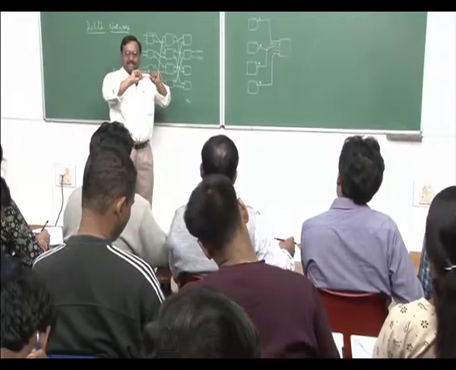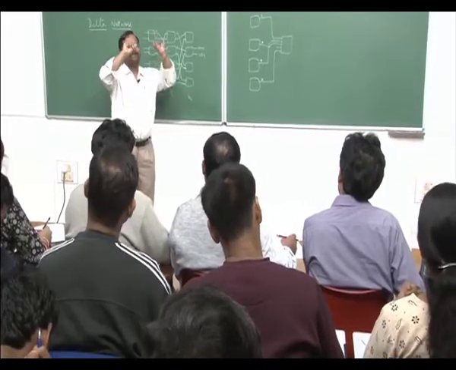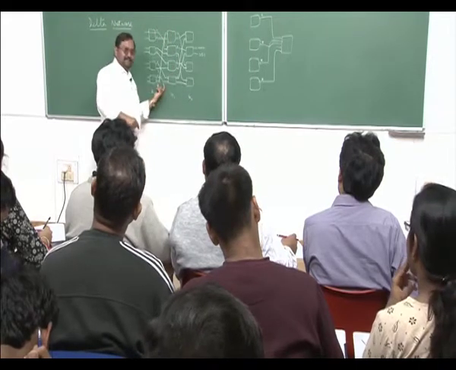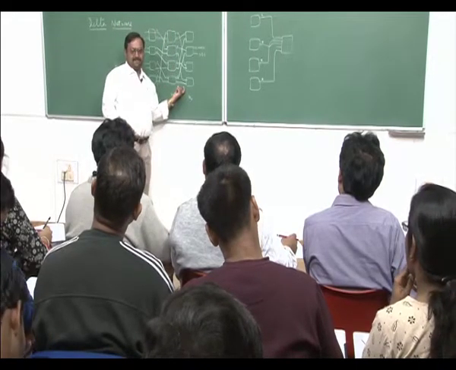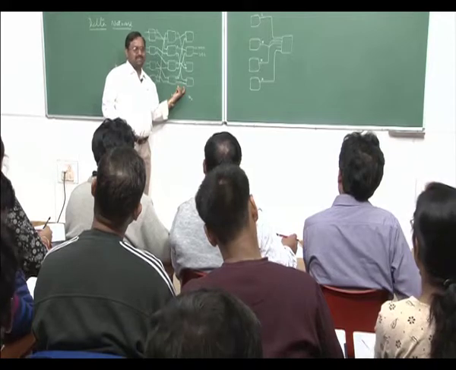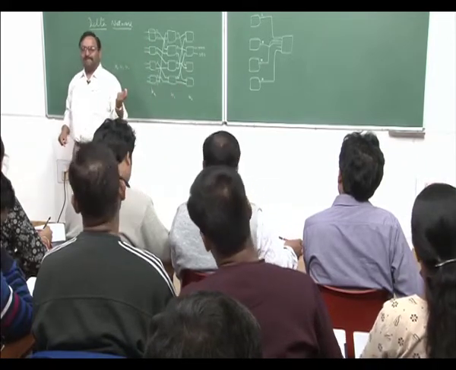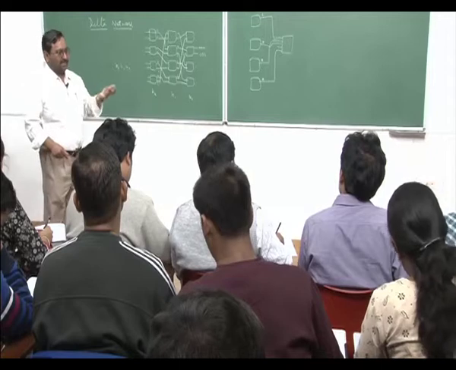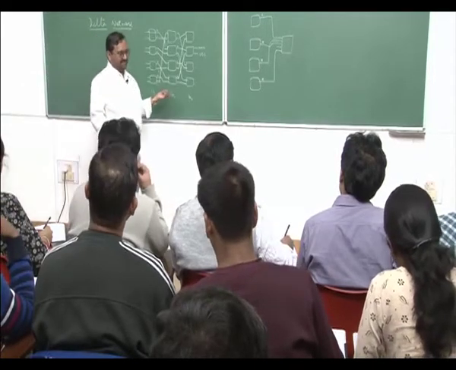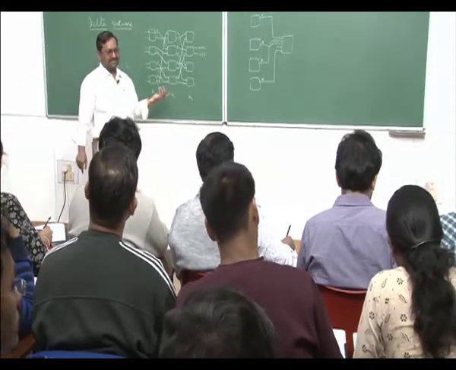So, this interconnection has to be something which is uniform and I can repeat it. This interconnection is different, this interconnection is different. So, actually it is not desirable for neither VLSI nor optical computing implementation. So, both ways this will not be suitable actually.